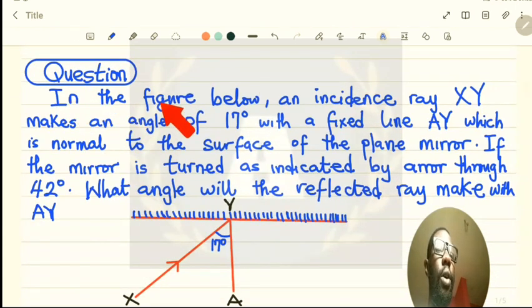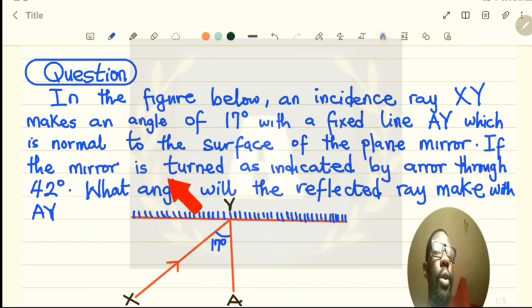In the figure below, an incident ray XY, this is X, this is Y, makes an angle of 17 degrees with a fixed line AY, which is normal to the surface of the mirror.